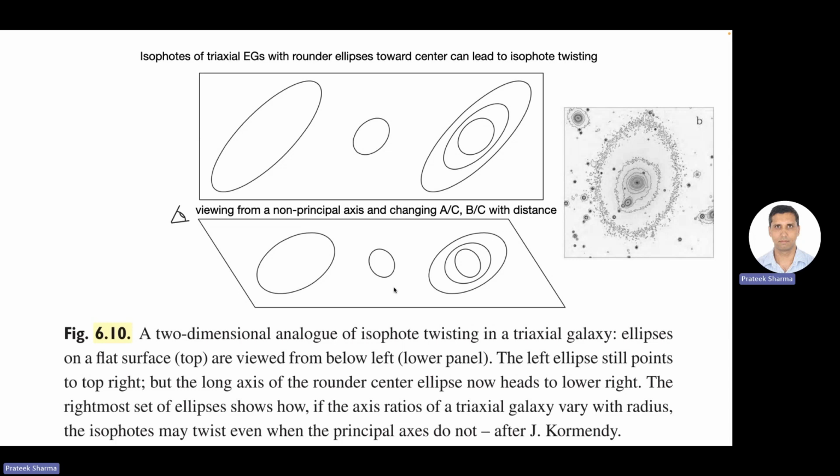It's not the same, so that's how you can get twisted isophotes. You can see the major axis is in this direction, and then it twists to this. This is a true example of that. People have done this isophote modeling; it is bread and butter in photometric observations of galaxies.